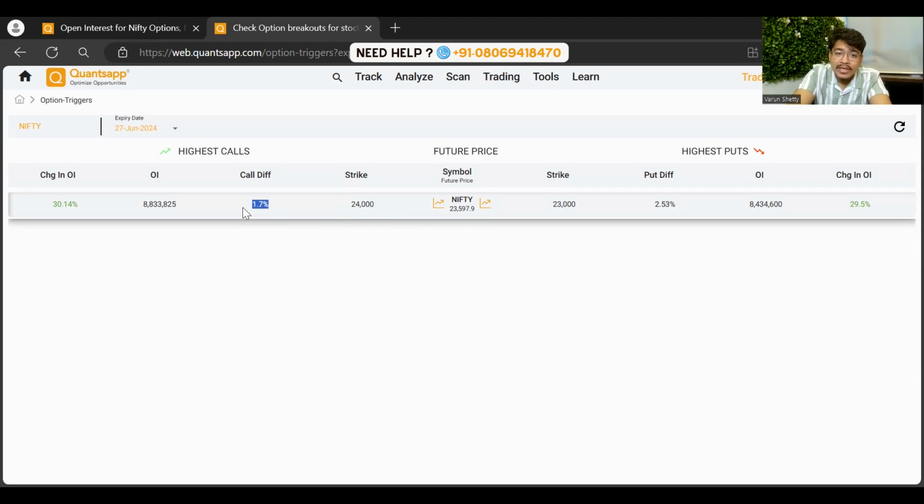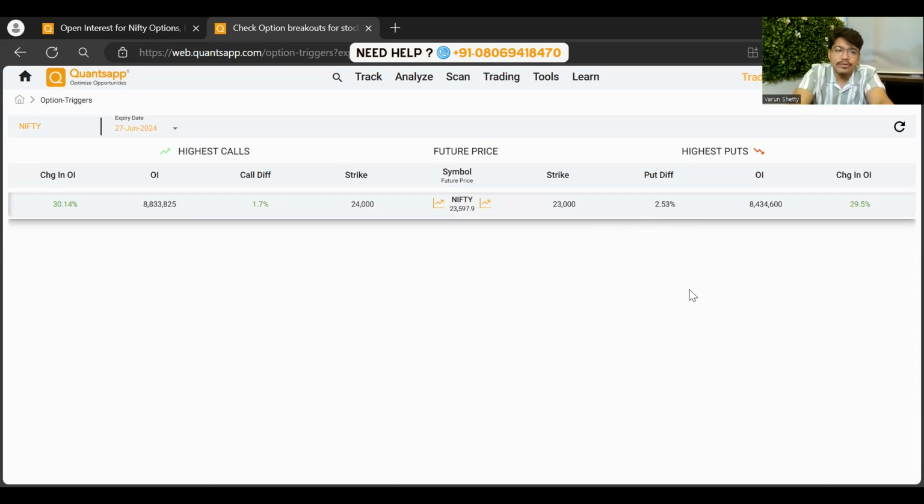It's 1.7% away from its breakout. So Nifty still needs to climb by around 1.7% to actually experience a breakout. Put difference is a similar thing. Put difference shows that it is 2.53% away from a breakdown. So it needs to fall 2.53% for the writers to actually start to lose money.